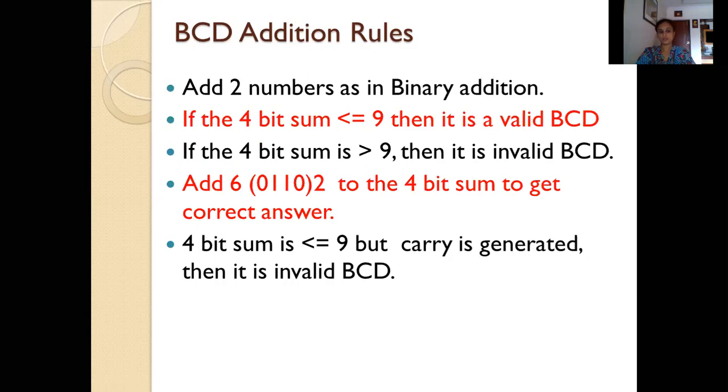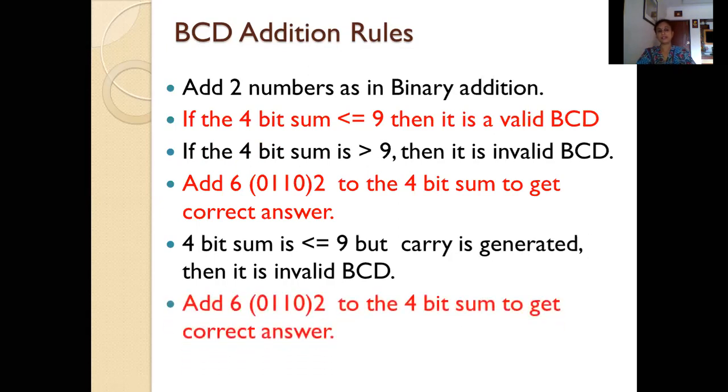In that case we have to do the same corrective action: add 0110 to the 4-bit sum to get the correct answer. So these are the three different cases for BCD addition, or the BCD addition rules. Now let us see one example.